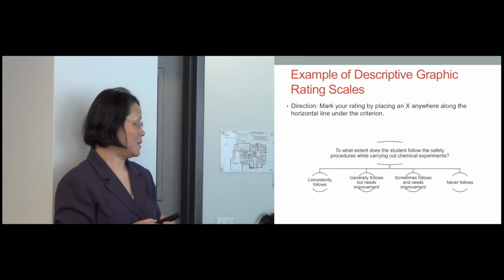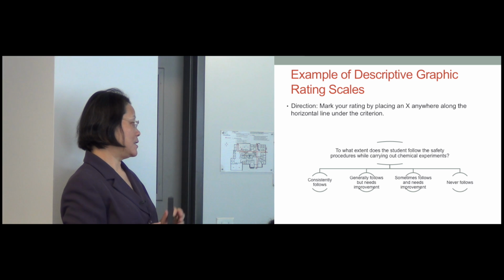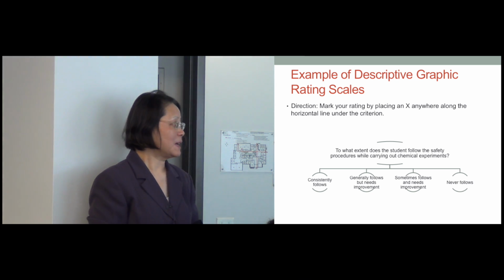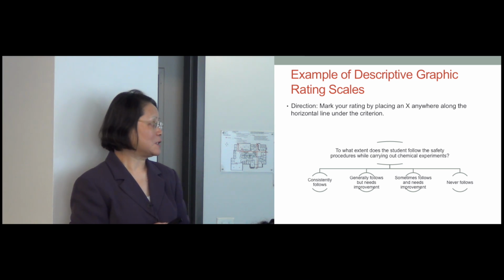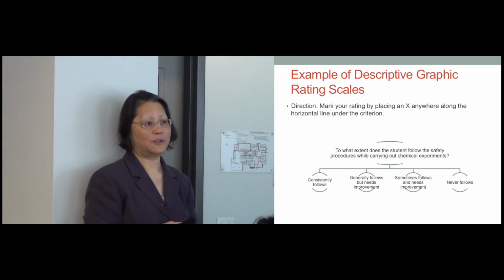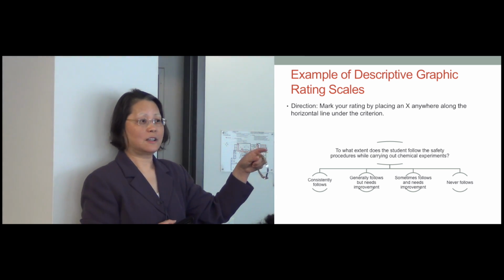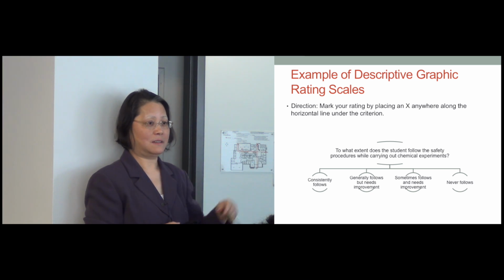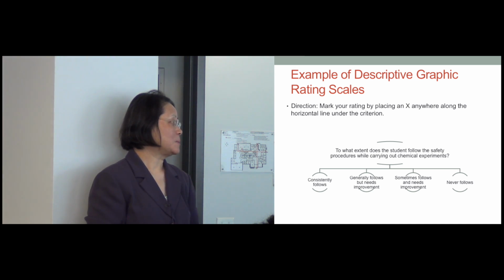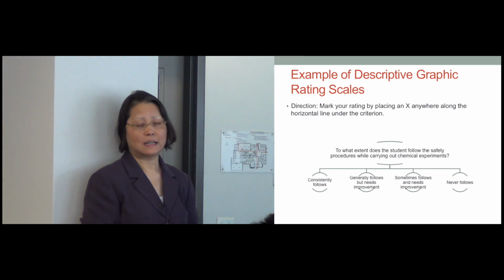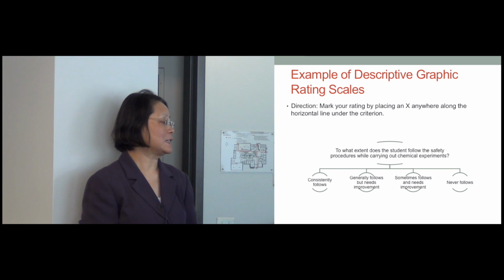And between never follows and generally follows, we can say sometimes they follow. Again, when you evaluate students, you can put your check mark or X anywhere along this line, between these two ends. So this is another example of a descriptive graphic rating scale.